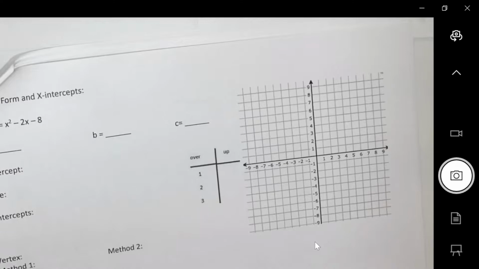Simple trinomial, no. GCF, what? Difference of squares, complex trinomials. It was COVID time at that point. It was online. No, don't have that excuse anymore. Okay. I shouldn't have thrown out my factoring.